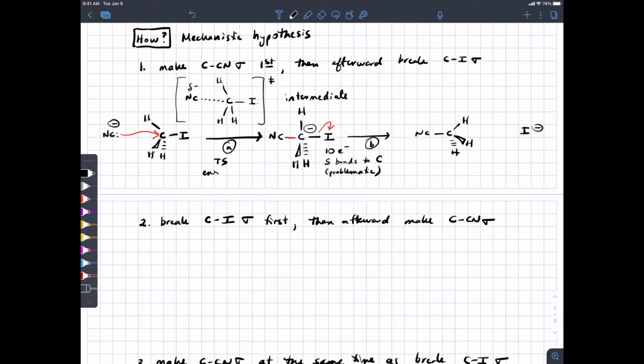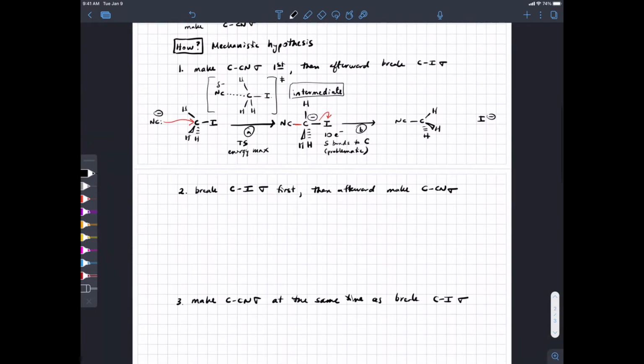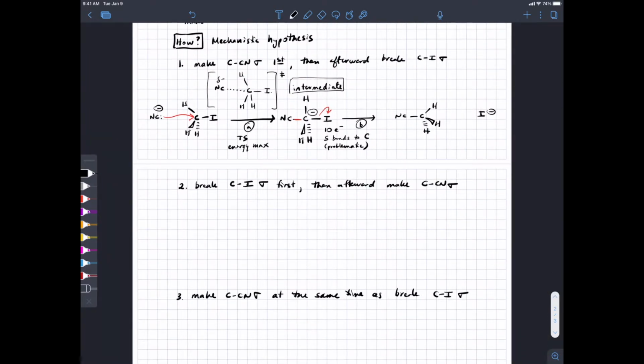That's an energy maximum. If we were proposing this as an intermediate, we would say that there would be an energy minimum near this maximum, and then presumably there'd be another transition state where we had fully formed the carbon-cyanide bond at the same time as iodide is leaving.